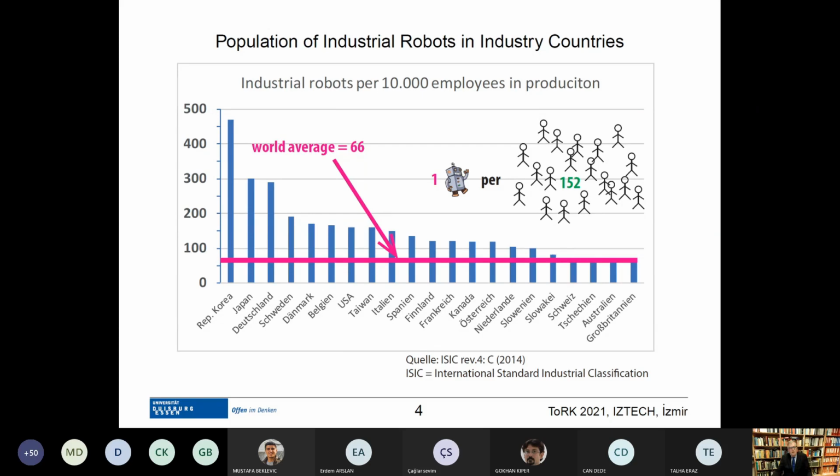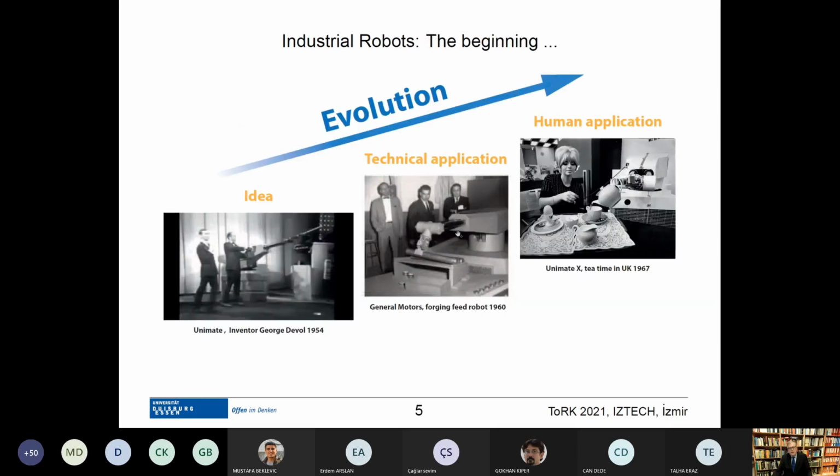The key countries of robotics are Korea, Japan and also Germany, and this is mainly because robots are used very much in the car industry. But as you can imagine, this robot population will grow if there are more and more activities that can be shared between robots and humans.